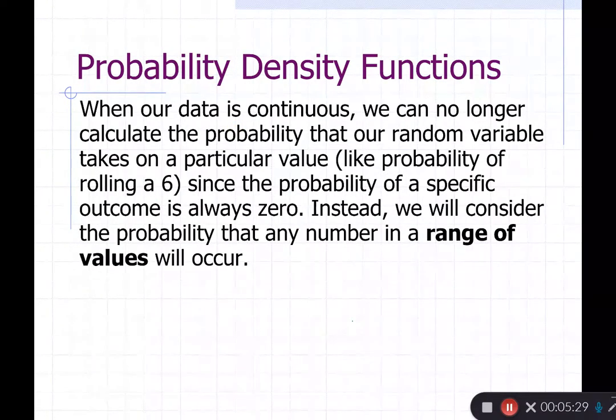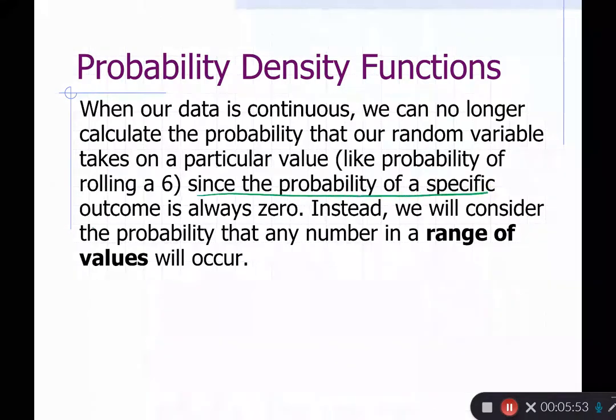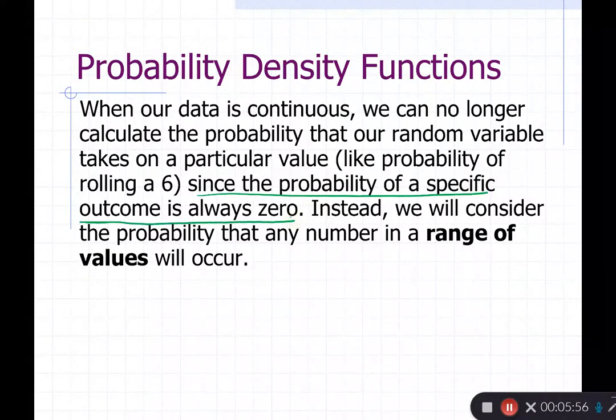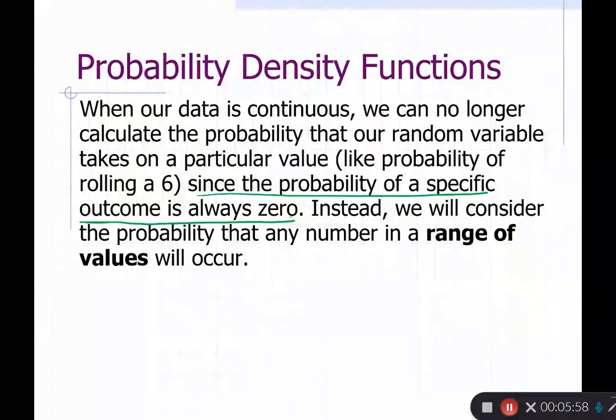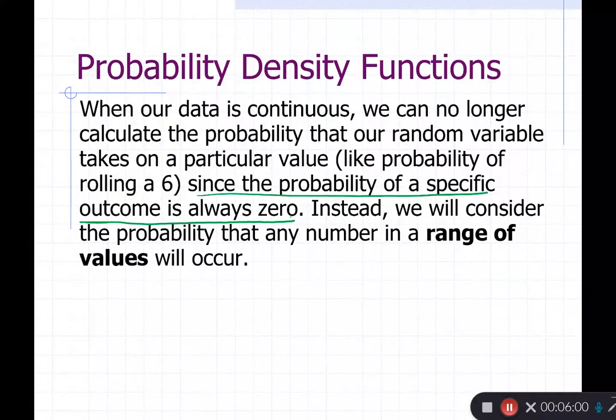All right, so again, with continuous data, since you have infinitely many possible values that the random variable could take on, the probability of any one individual singular event is always 0. So with continuous data, the probability of a specific outcome is always 0. Instead, we're only going to consider the probability of a range of values occurring.